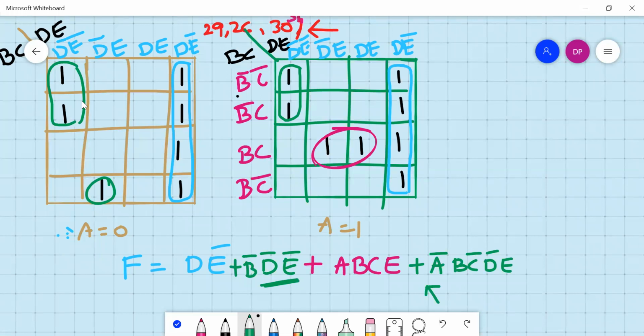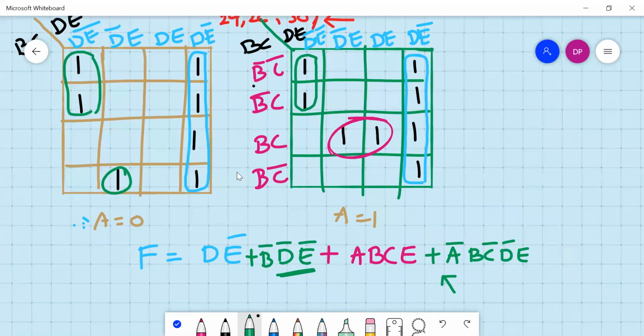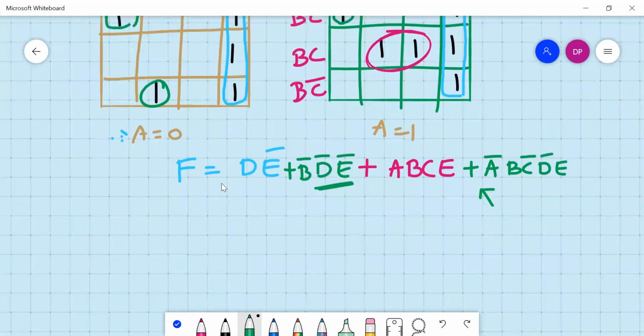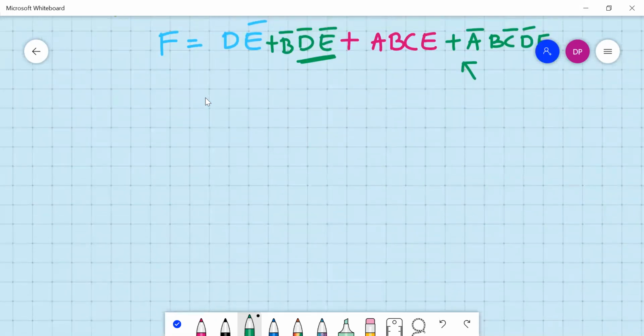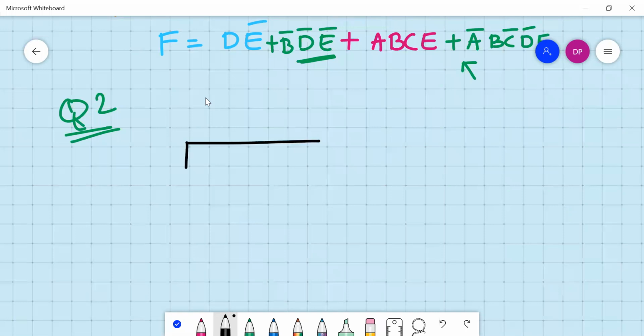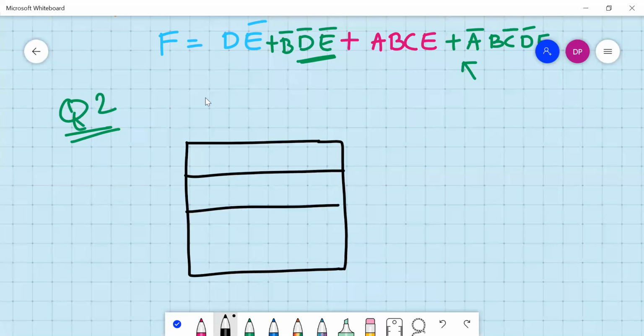Let's try with another example, so that it will be clear to you. I'm drawing the structure. Then 2, 3, 4.